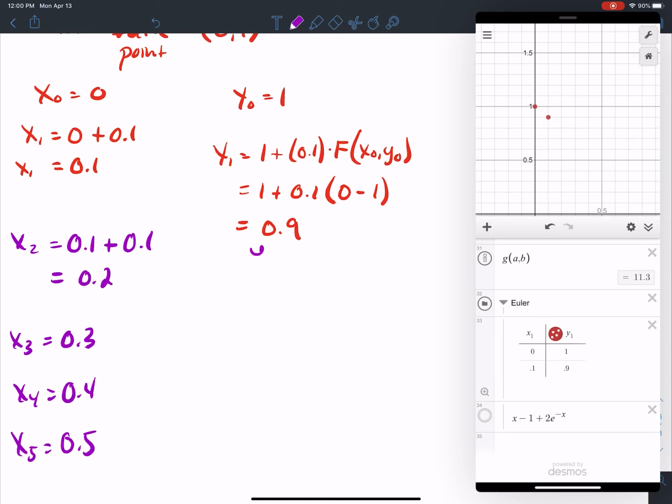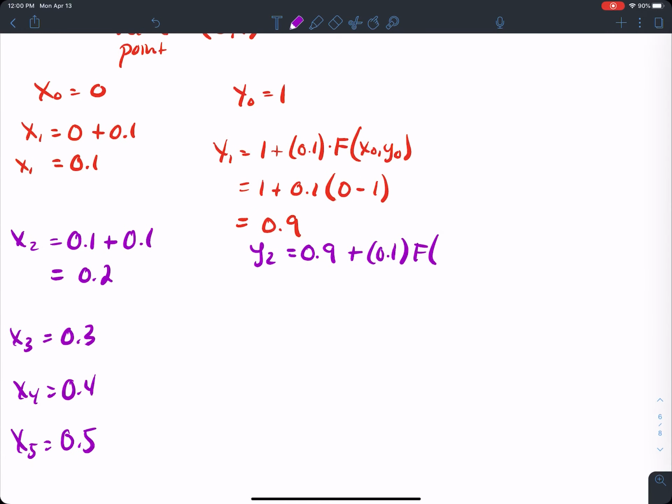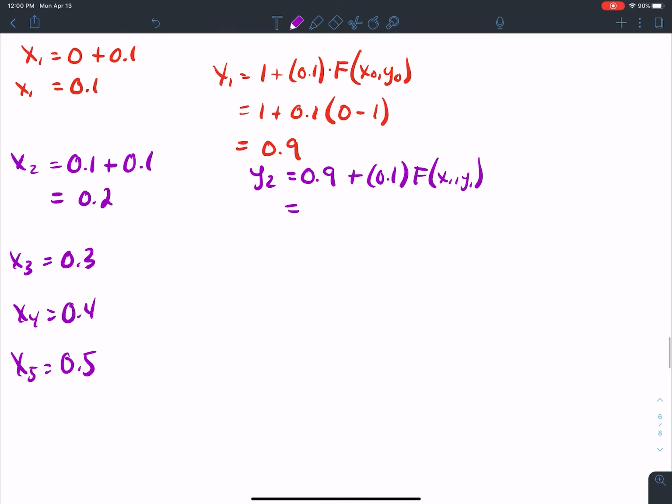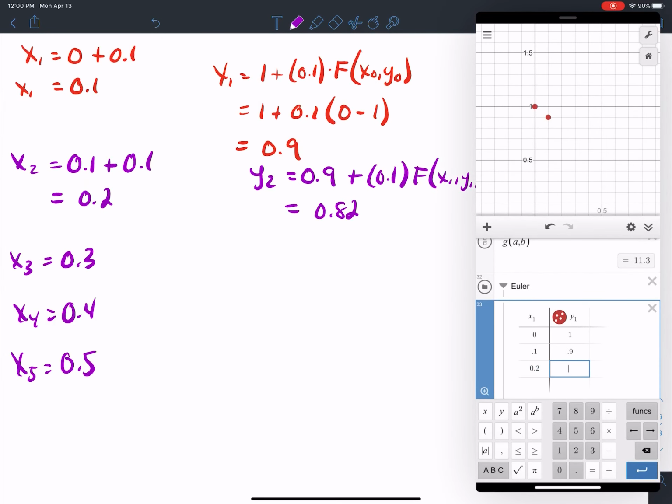So y2, that'd be the old y value plus h times the function's value at the point before it. So if we're looking at y2, the point before it was x1, y1. So when we simplify that, y2 should work out to be 0.82. So that's an ordered pair: the x value 0.2, the y value 0.82.